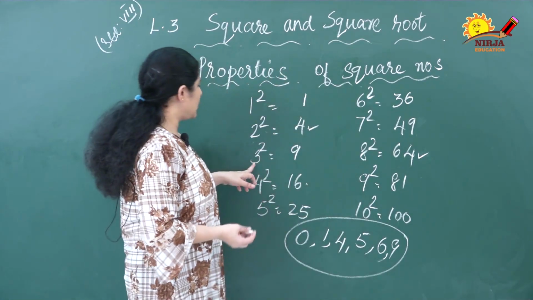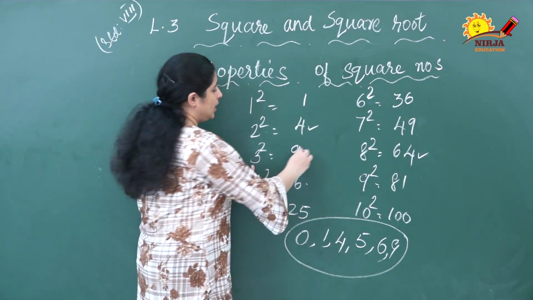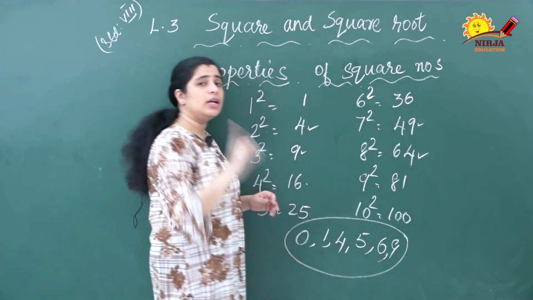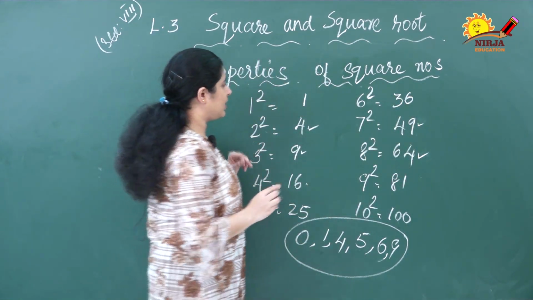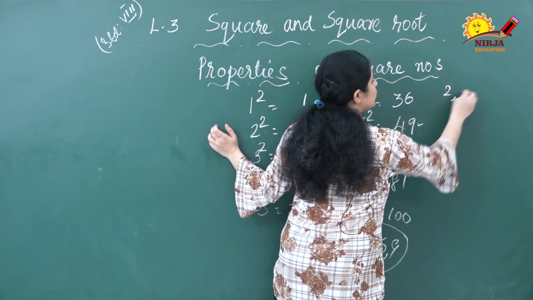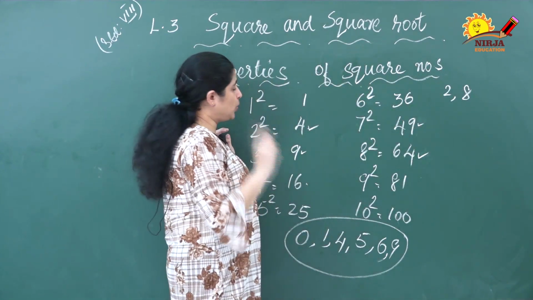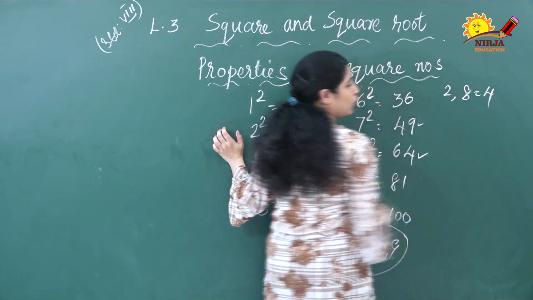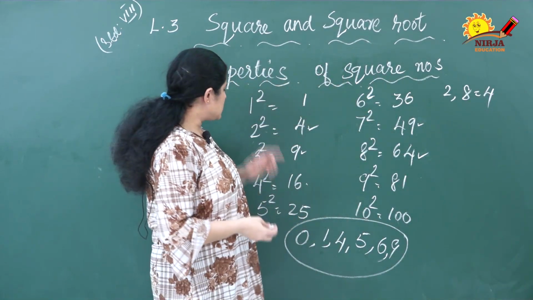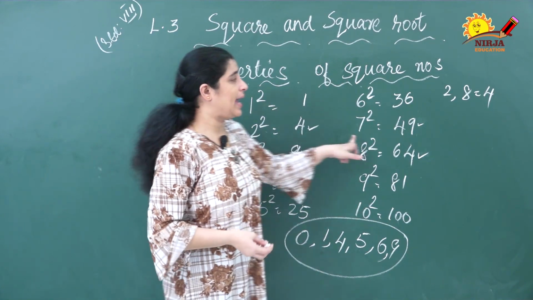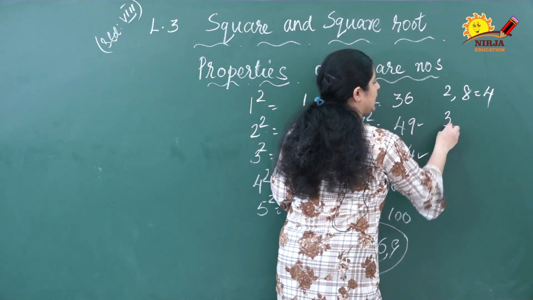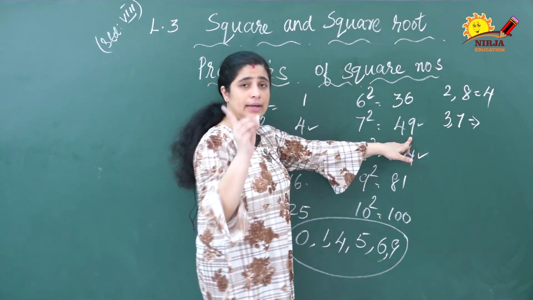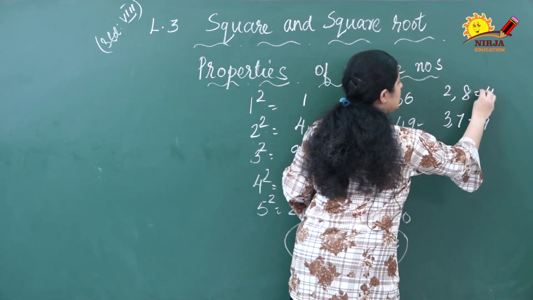The next one, when you consider 3 here, 3 squared is 9, and here 7 squared is 49, it is 9. So 3 and 7. I will write the groups. 2 and 8 will have 4 in the unit place of their squares. And suppose you are considering 3 and 7, they have 9 in the unit place.